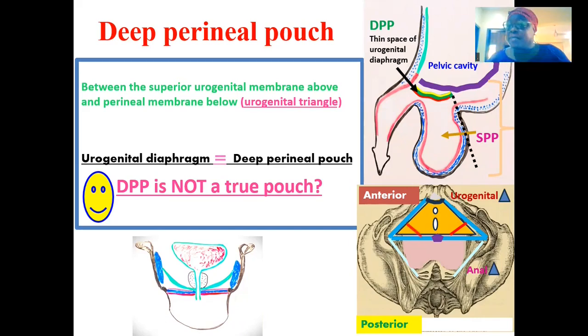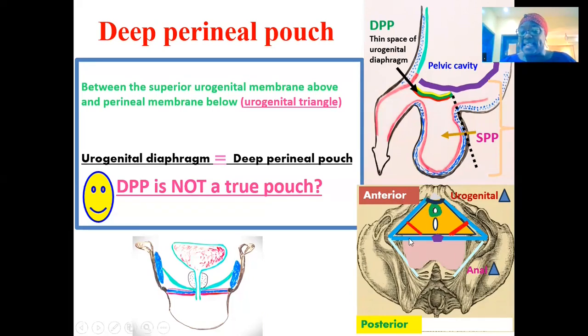This deep transverse perineal muscle is highlighted here in red. So you have these muscles running along this alignment. You have one on this side and another one on the other side. Then the second muscle that contributes to the formation of this urogenital diaphragm is the external urethral sphincter, and this is highlighted here in green.